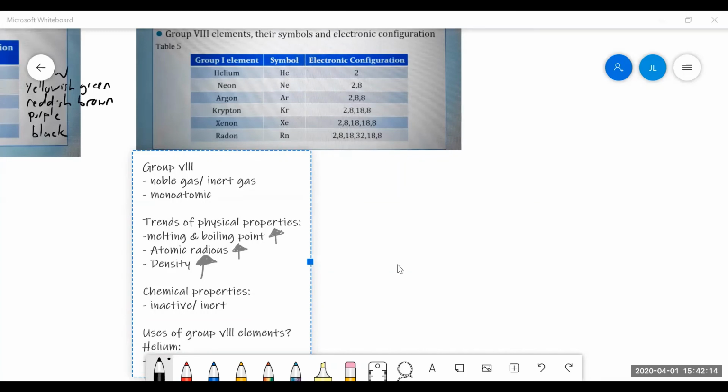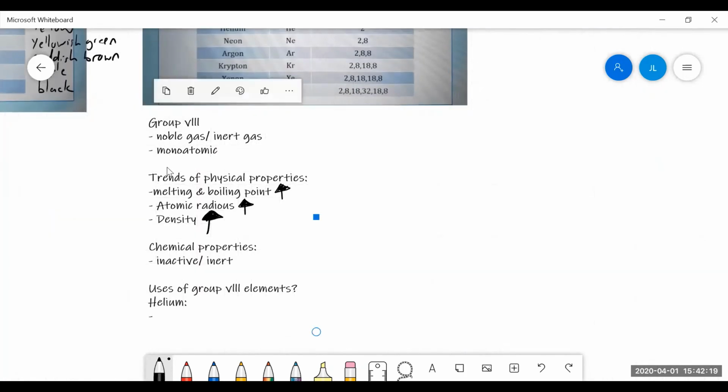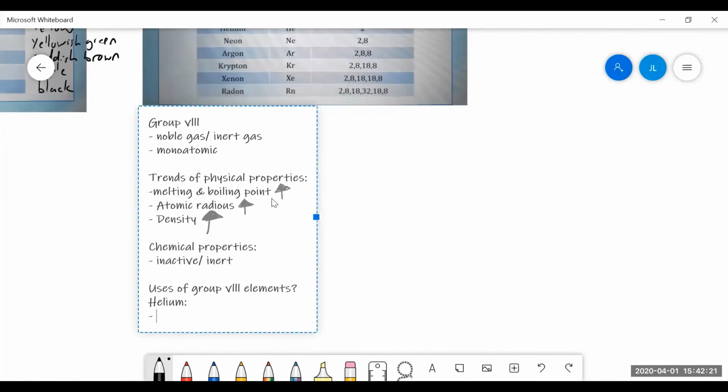Anyone? Helium is used to fill weather balloons. All those floating balloons that you can buy in the market are actually filled with helium gas. Because helium gas has lower density than atmospheric air, that's why it floats.